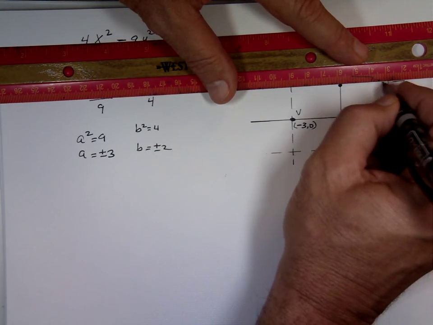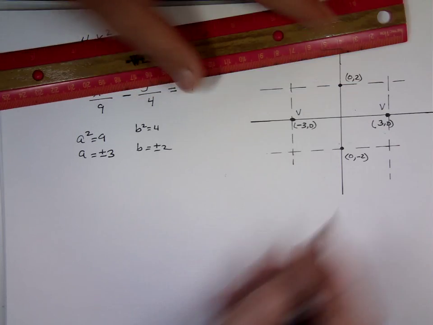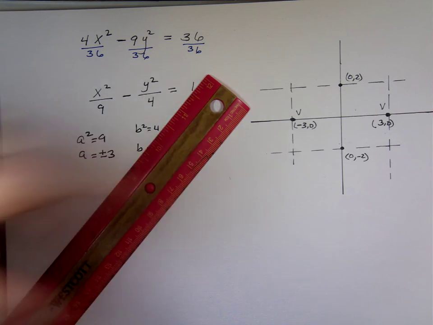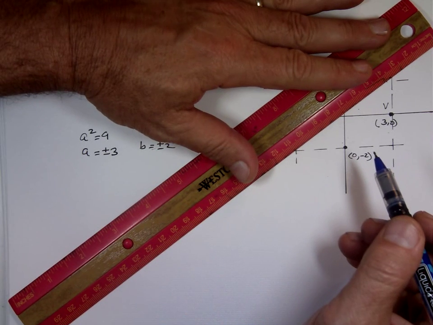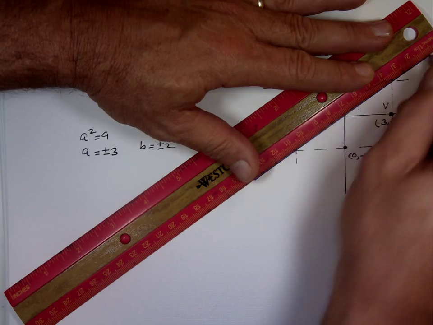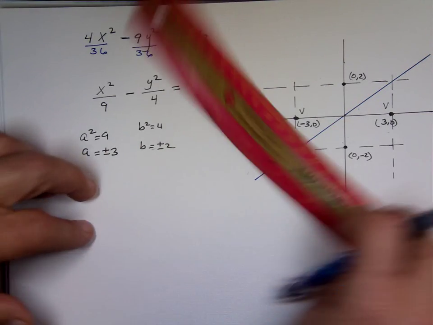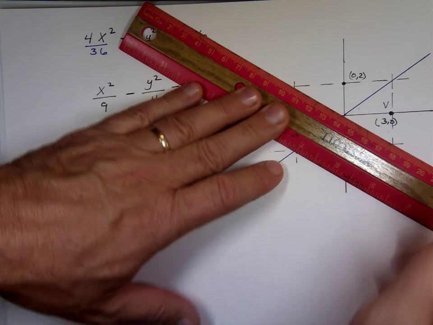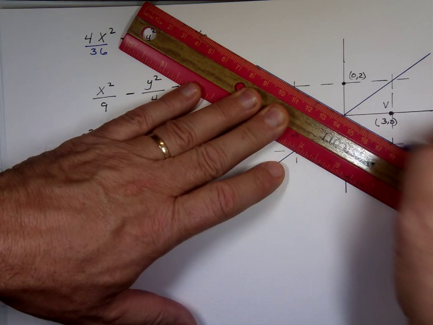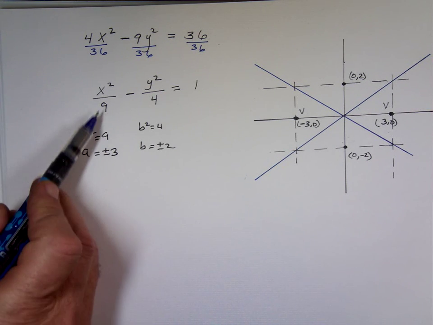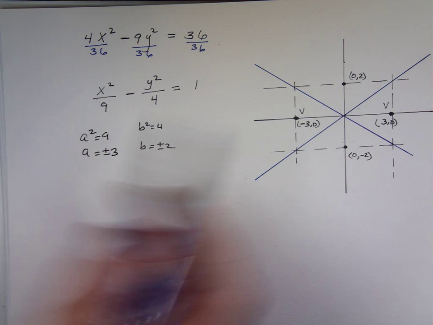There's my box. So my asymptotes again, let me use a different color here. Diagonal through the box, center of the box. That's one of them. The other one is down here, which crosses which axes? The graph? The x-axis is going to cross here and cross there.